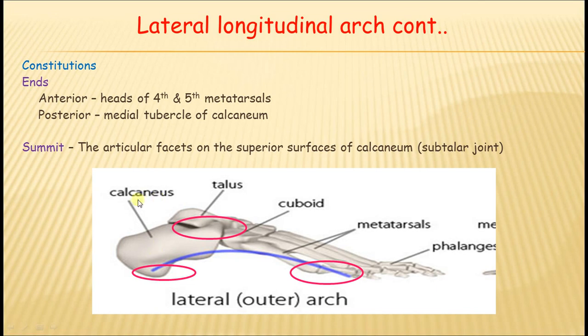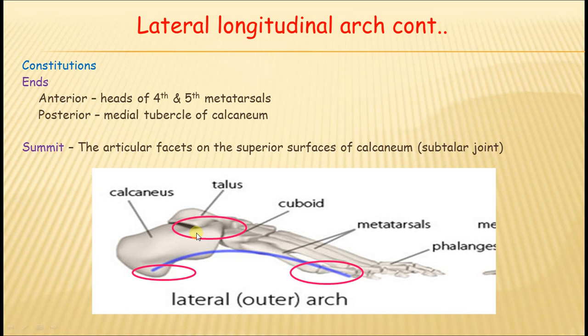The summit is actually the subtalar joint between the calcaneum and your talus, which actually forms the summit of the arch. The summit of the arch is mainly formed by the subtalar joint.